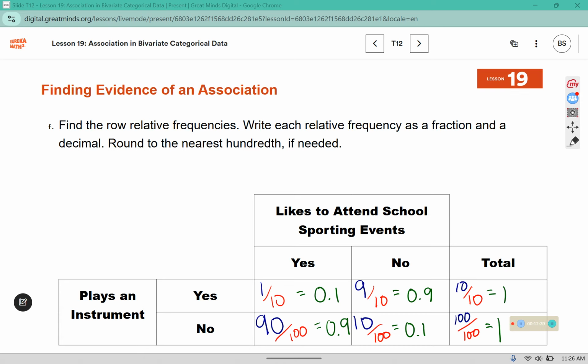Knowing whether a student plays an instrument would help me determine whether they like to go to the sporting event or not. If you told me that they do not play an instrument, then my prediction is that they do like to go to sporting events because that frequency is higher than the not attending sporting events.